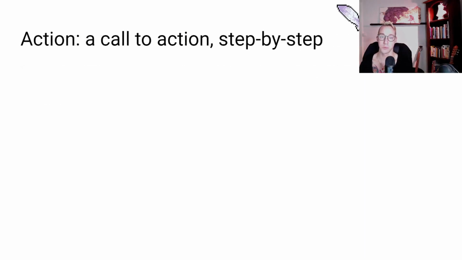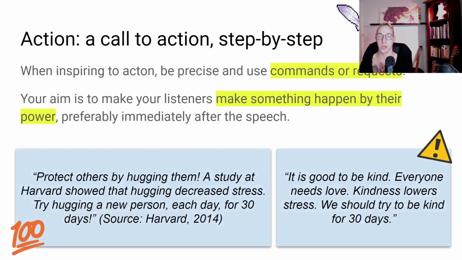And finally, we arrive at the action step, which is a call to action, and you want to step by step tell them what to do. And in this case, when you inspire someone, try to be as precise as possible, command them or request of them to do something, because your aim here is to make them do something with and by their own power.